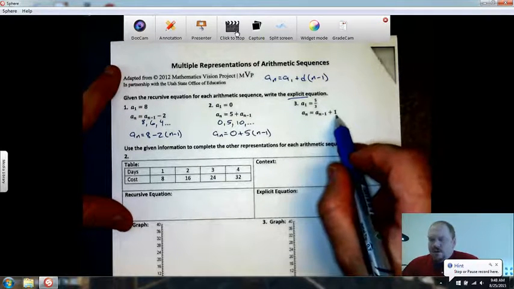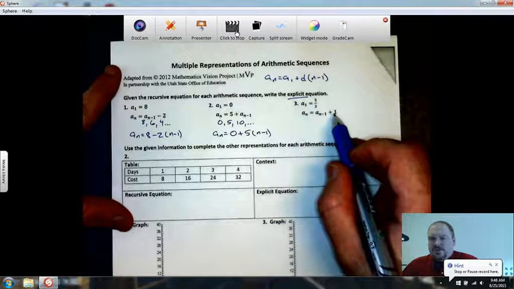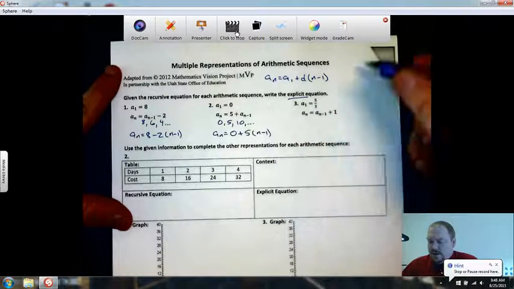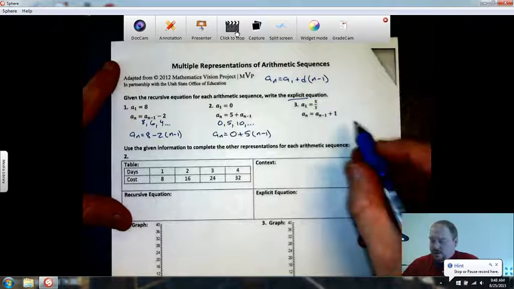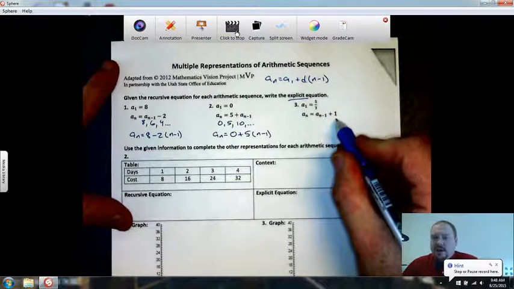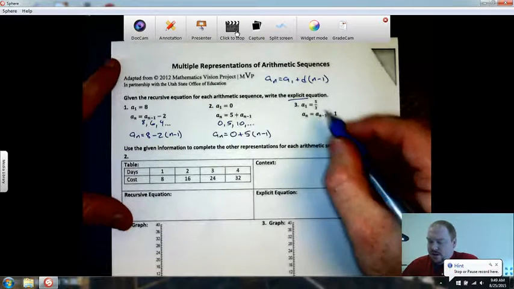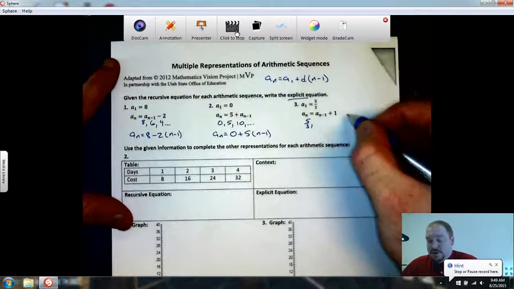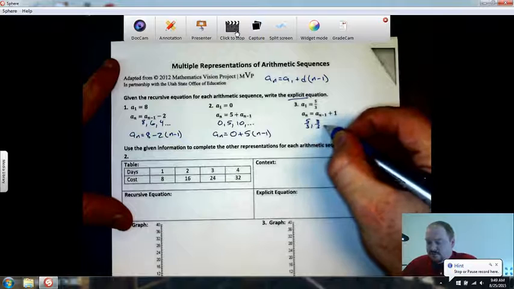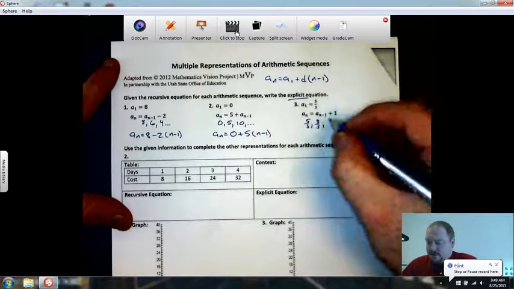Over here, if you notice, we got a fraction here, and that's 1. Well, if we have a fraction, I'm going to keep working with fractions. So 1 whole as a fraction is 3/3. So 5/3 is my first number, plus 3/3 is 8/3, plus 3/3 is 11/3.